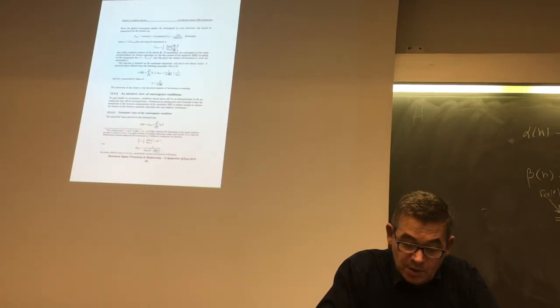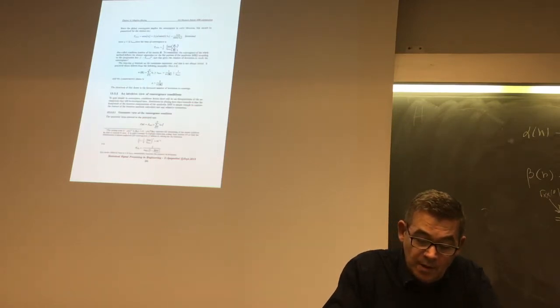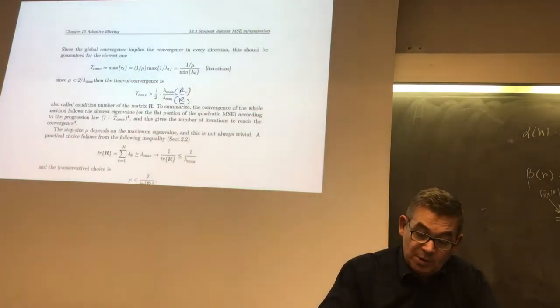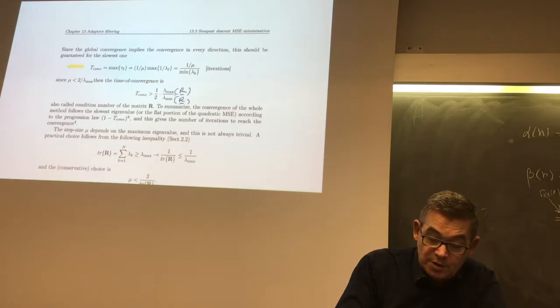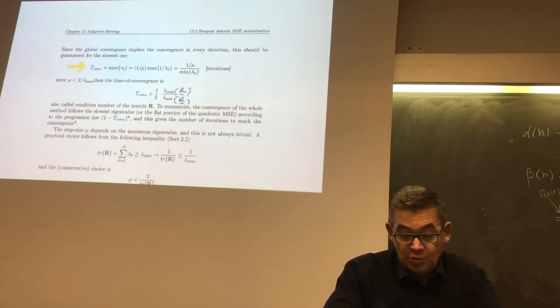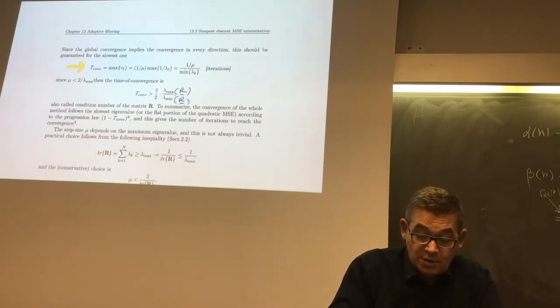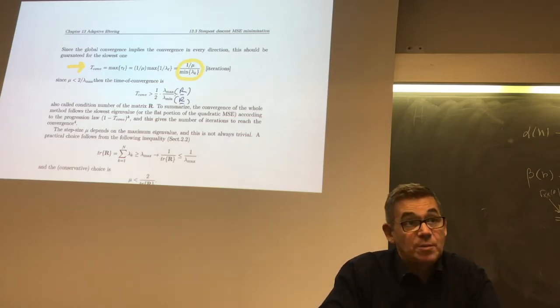It depends on the ratio here. So this is the convergence for the mean, but the time for convergence depends on the maximum time constant, and the maximum time constant is the ratio between 1 over mu and the minimum lambda.